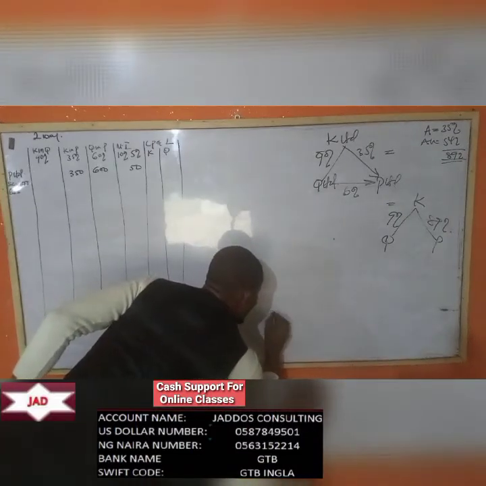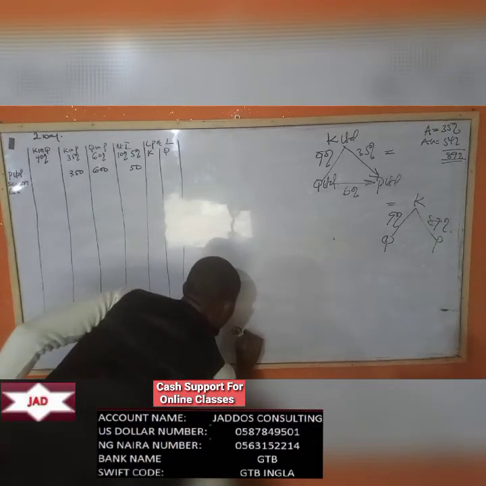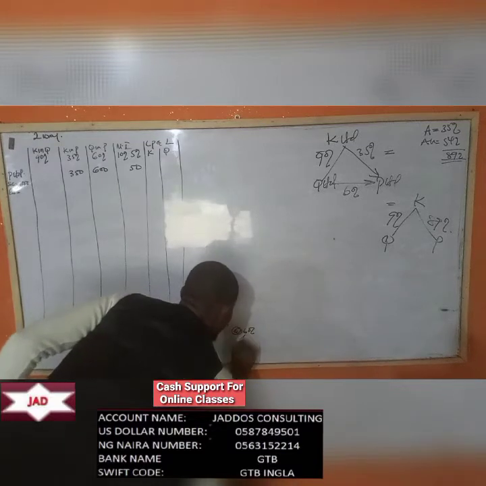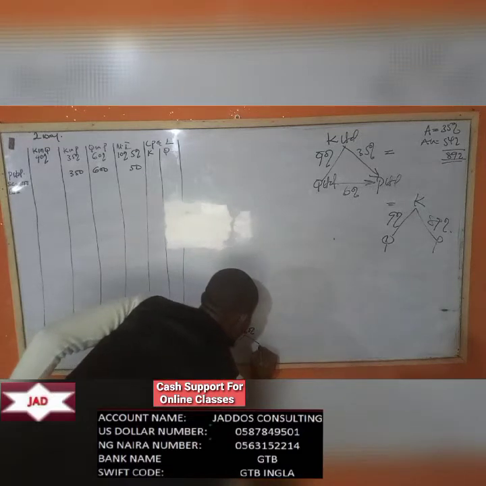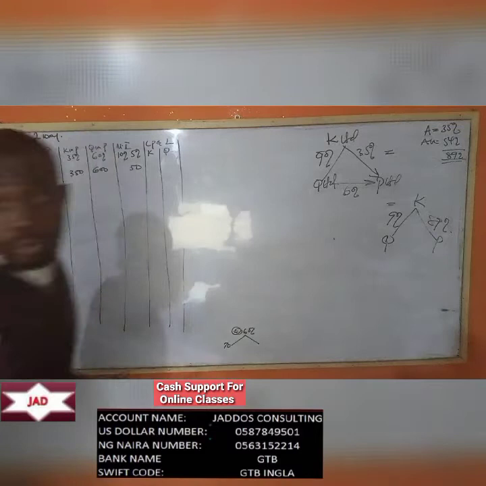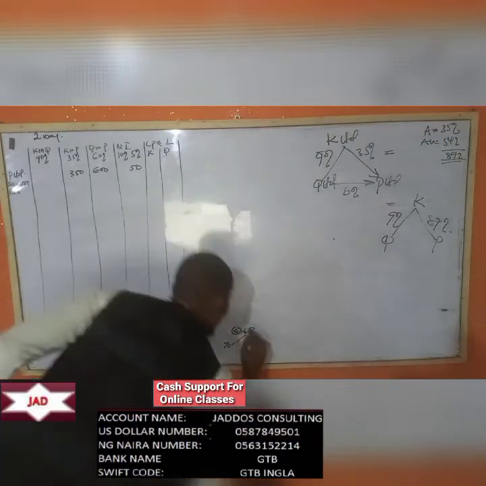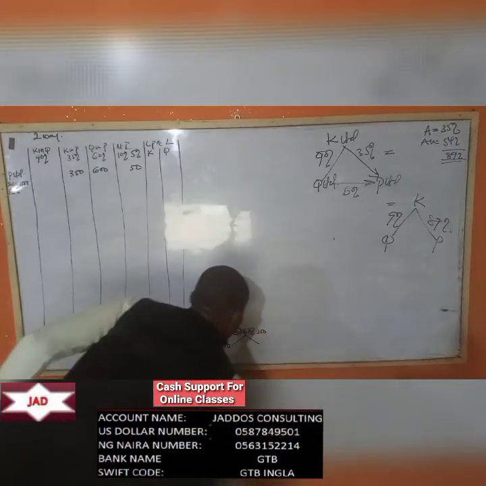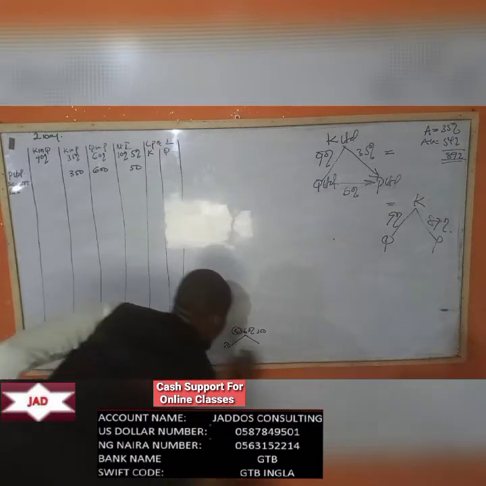So at 60% we have 70,000. Then we have to know what the reserve is now: 300. So at 60% we have 300 minus 70, which gives you 230.